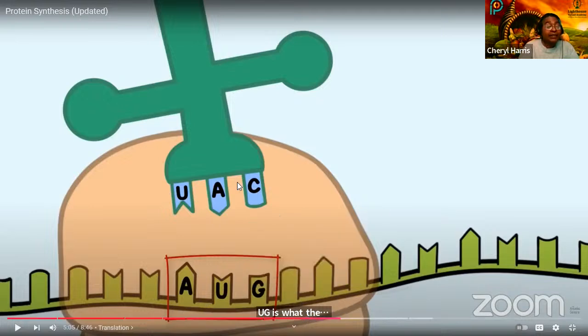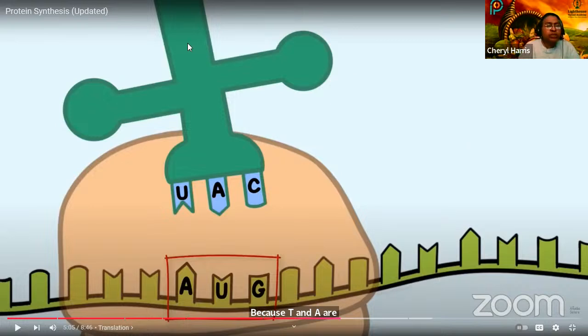So the anticodon to that is going to be UAC, because A is going to bond with U, and U is going to bond with A, and C is going to bond with, or is complementary to, G. If this was DNA, excuse me, all the U's would be T's, because T and A are complementary to each other.